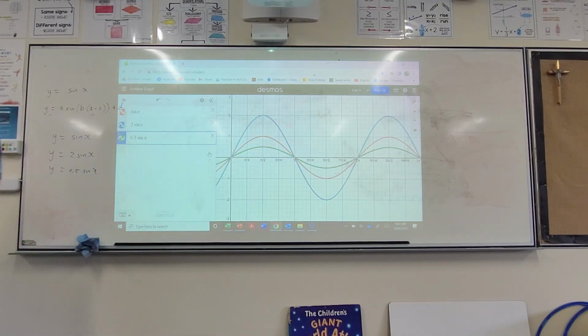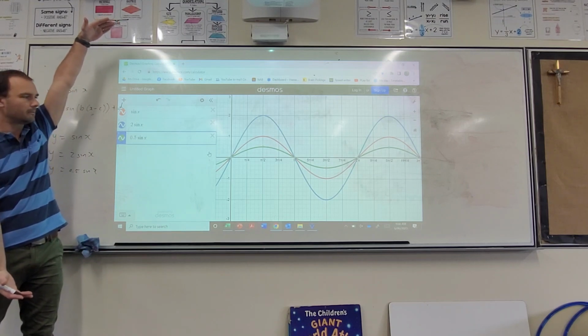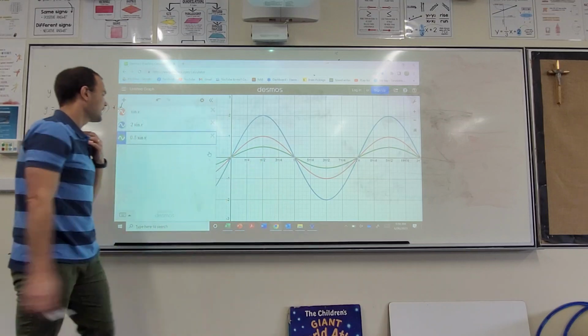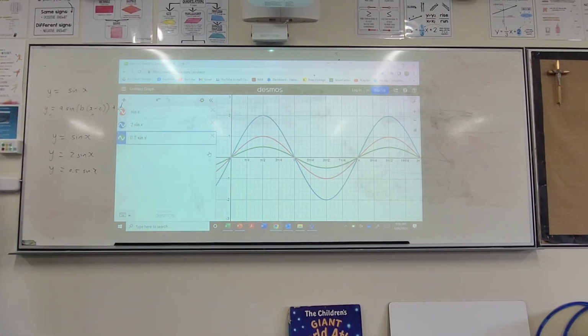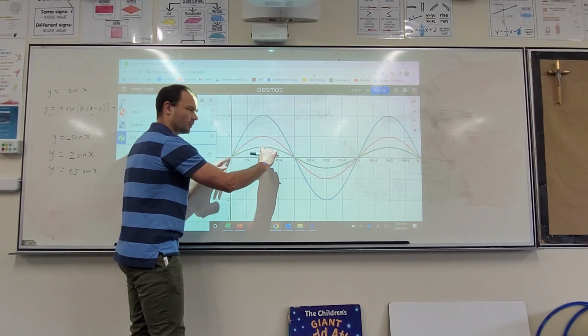And so this number out the front, this is what we call the vertical dilation factor. And this determines how far it's going to be from the principal axis, the line about which it is periodic. Now, this number out the front is also what we call the amplitude. That is the distance from the principal axis to a peak.